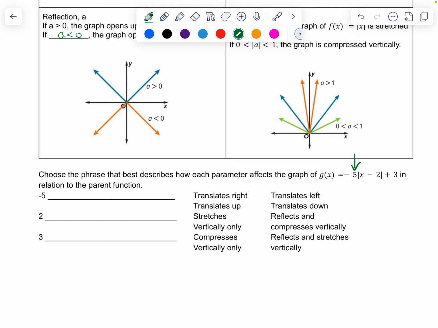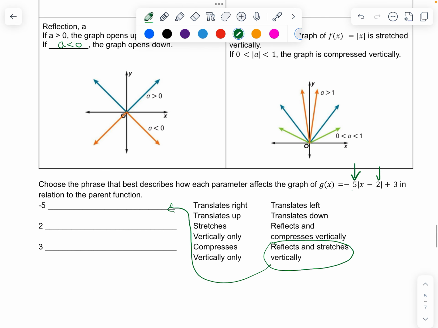And it's going to reflect. So this is going to go here. Then it says 2. So this number right here on the inside, that means it's going to go right 2. Okay, it translates right. Then this number on the outside says we're going to go up 3 and translates up.